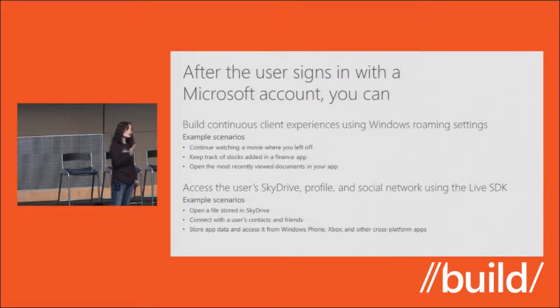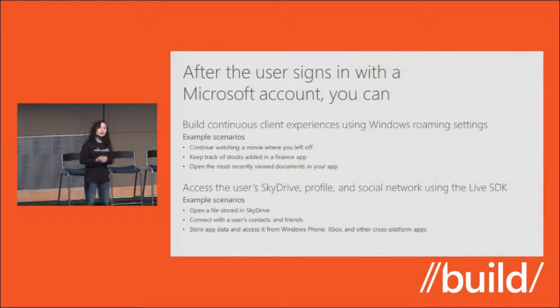Next, I also want to talk a little bit about the kind of scenarios you can enable after you implement single sign-on. There are mainly two categories of experiences. The first one is about building continuous client experiences using Windows roaming settings functionality.